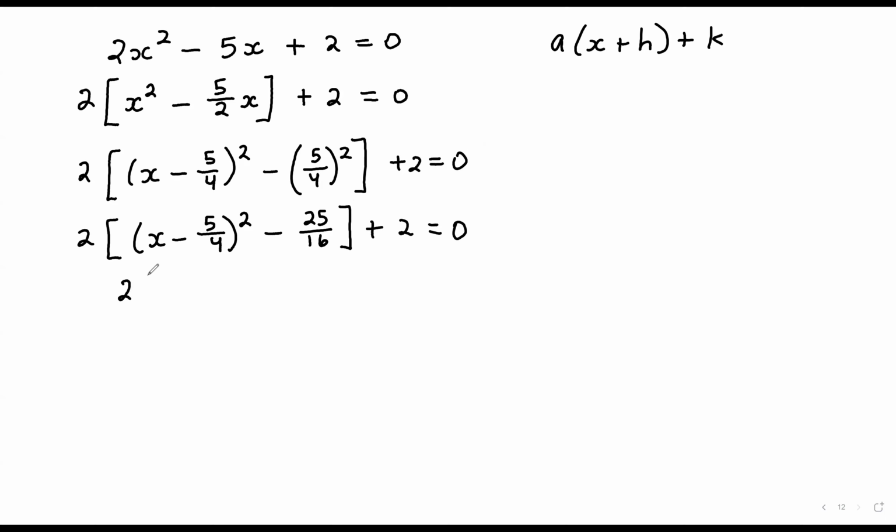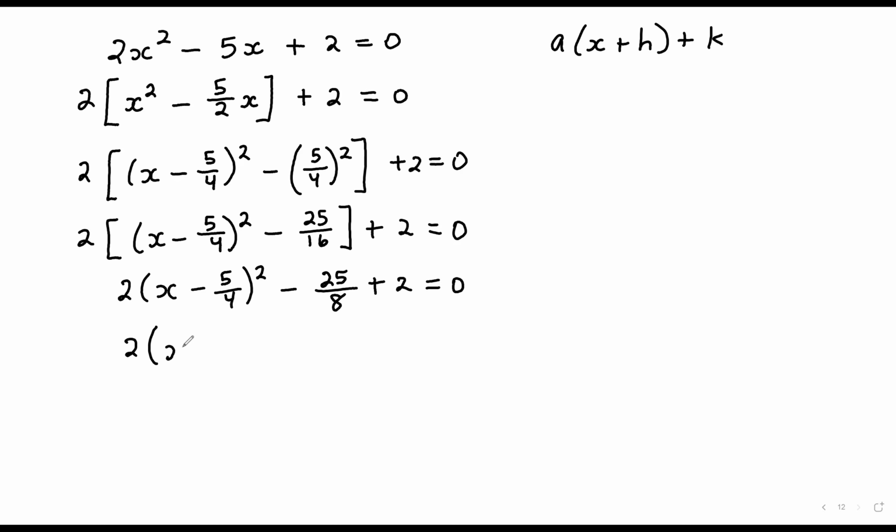So this will give me 2 by x minus 5 over 4, all squared, minus 2 times this, which would actually be 25 over 2 into 2, 1, 2 into 16 is 8, plus 2 is equal to 0. Almost in the format, we still have to do one more thing, which is to simplify this part.